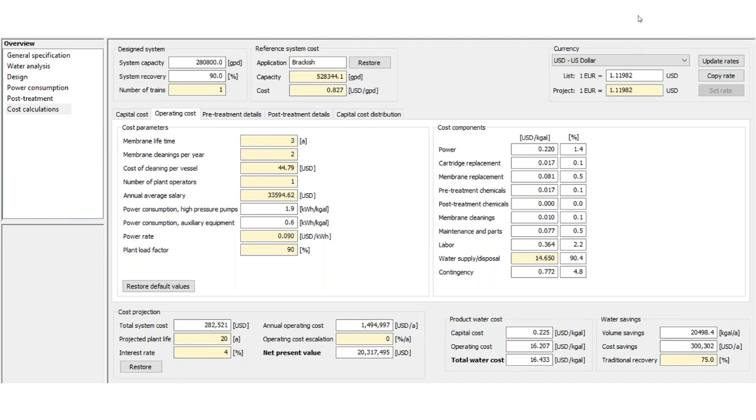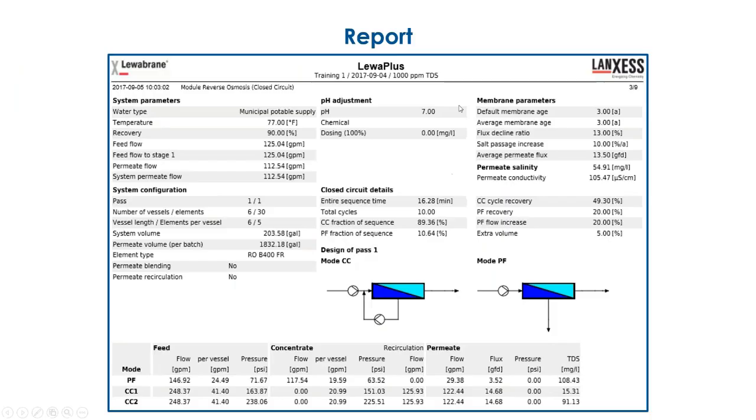And if you compared it to a traditional running at 75% recovery, and we had done this design at 90%, you know, you save a lot of water, but more importantly, again, this is just the GWI average for the water tariffs. The cost savings would be $300,000 per year. So there's a lot of value in high recovery.